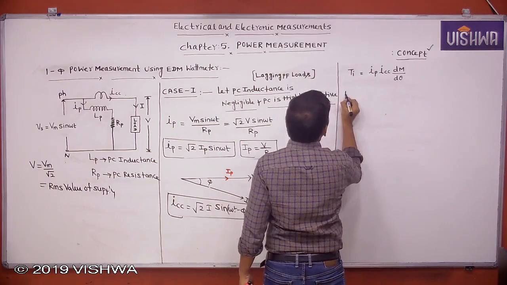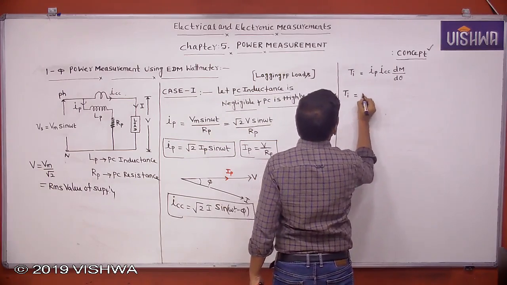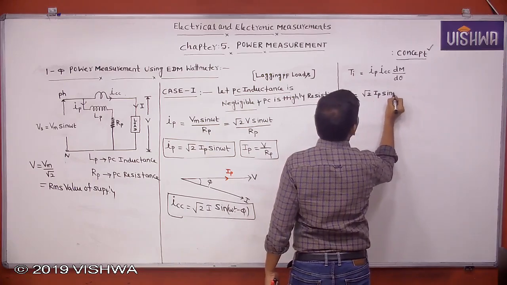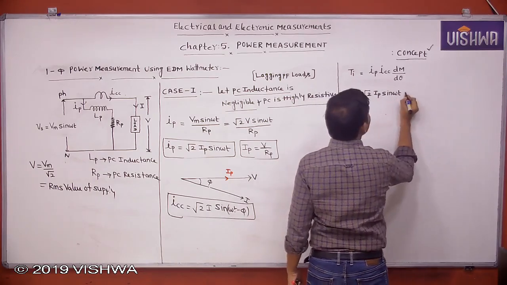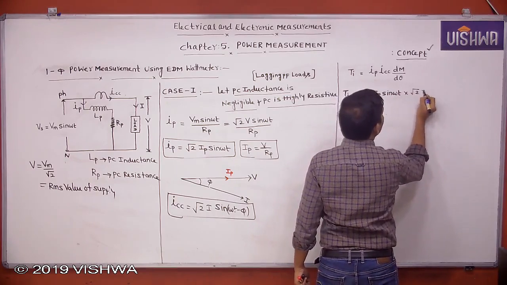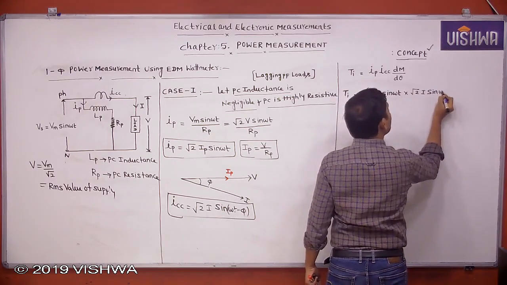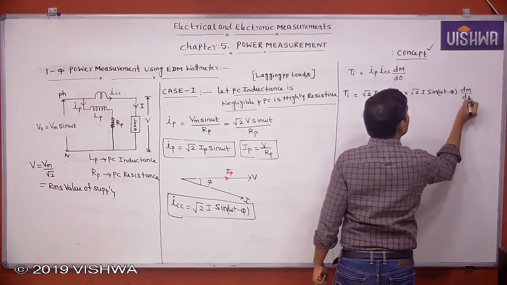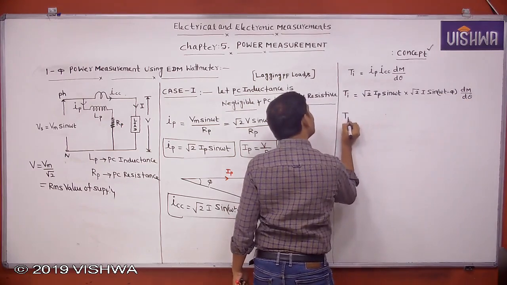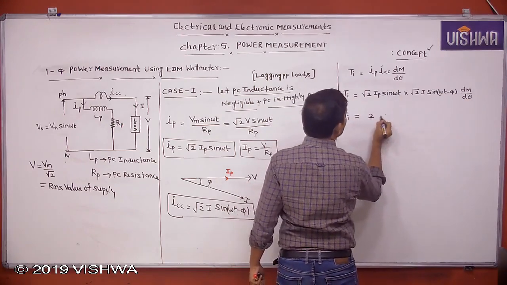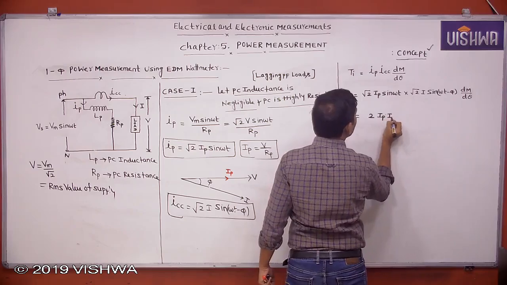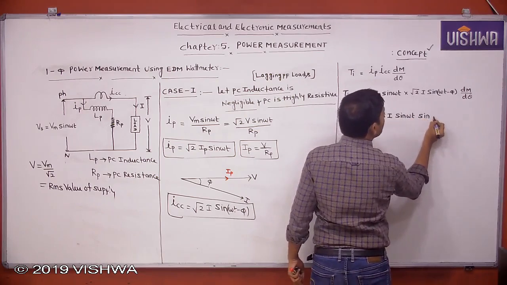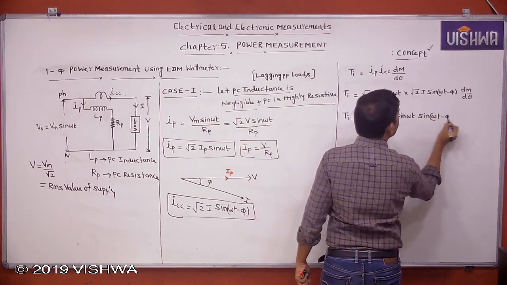Therefore, the instantaneous torque T_i equals, with i_P as root 2 I_P sin omega t and i_CC as root 2 I sin(omega t minus phi), into dM by d theta. Simplifying, T_i equals 2 I_P I sin omega t sin(omega t minus phi) dM by d theta.